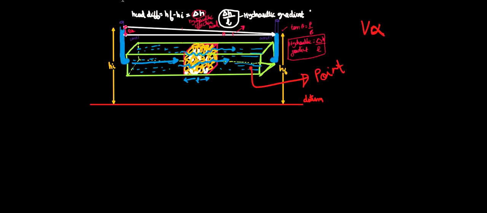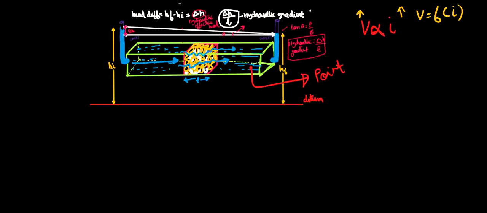Darcy, okay. So Darcy observed from his experimental results that the discharge velocity is proportional to I. That is, the discharge velocity is directly proportional to hydraulic gradient. What does this mean? That if I increase the hydraulic gradient, my discharge velocity will also increase, or my discharge velocity is a function of hydraulic gradient, okay.